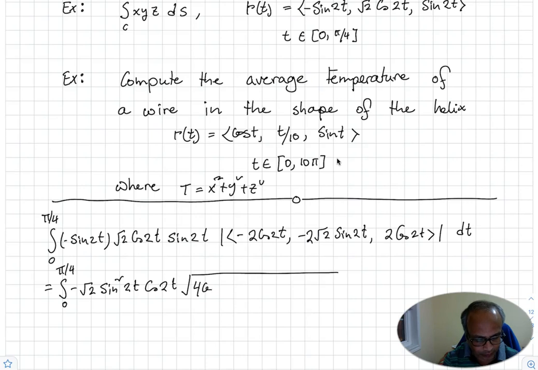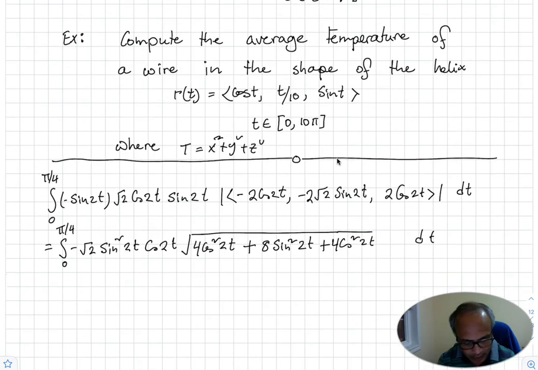So 4 cos squared 2t plus 8, 2 square root of 2 squared is 8, sine squared 2t, and then the third term 4 cos squared 2t dt. Okay, so let's simplify the quantity inside the square root first.